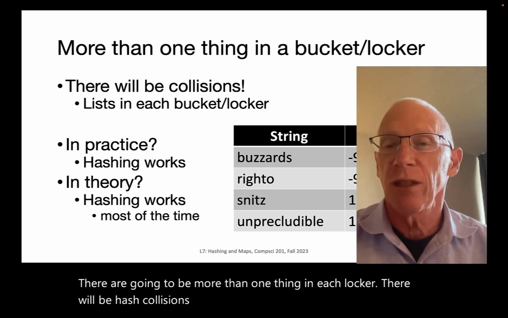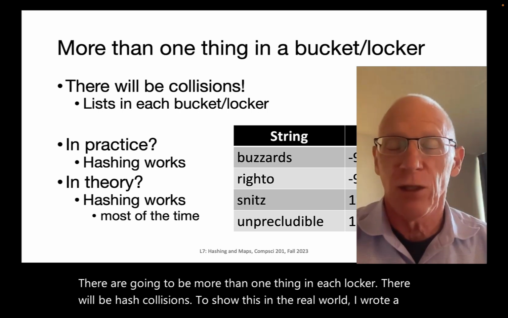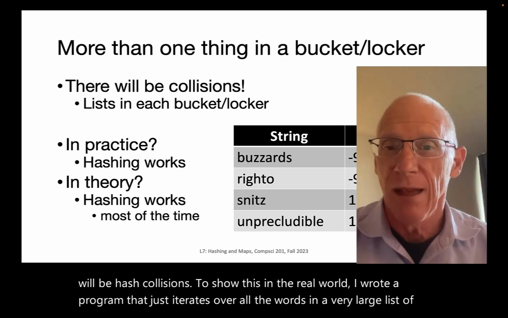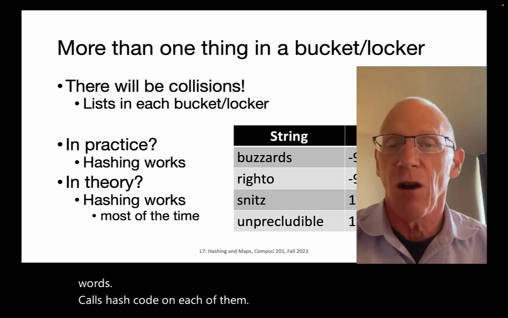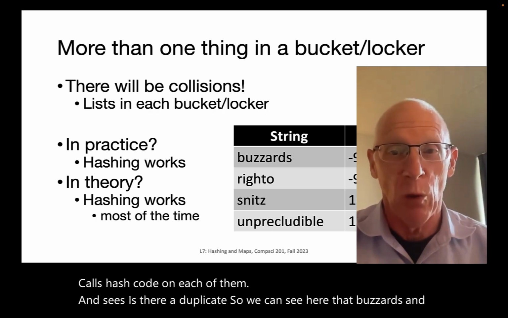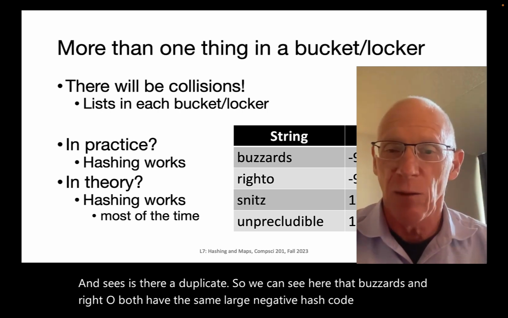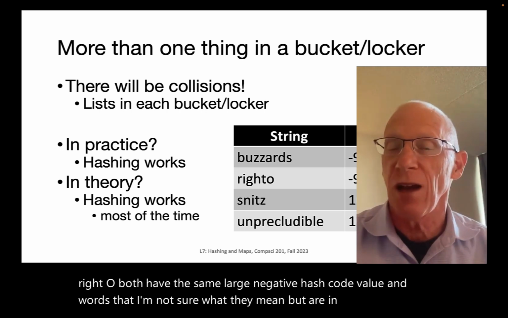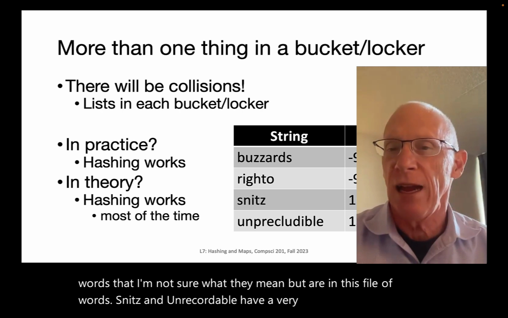To show this in the real world, I wrote a program that just iterates over all the words in a very large list of words, calls hashCode on each of them, and sees is there a duplicate. So we can see here that buzzards and write-o both have the same large negative hash code value, and words that I'm not sure what they mean but are in this file of words, snits and unprecludable, have a very large hash code value.